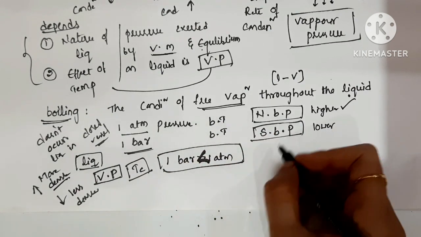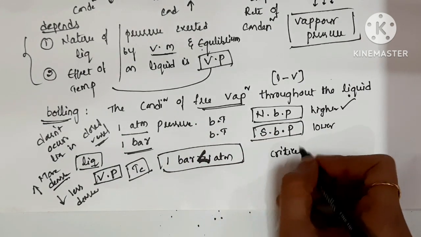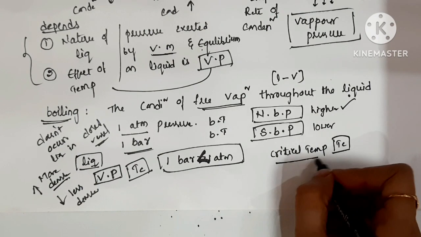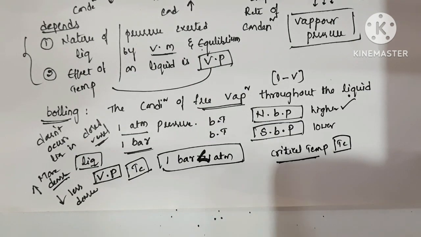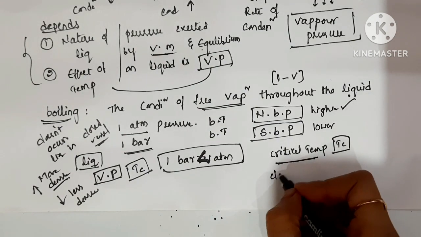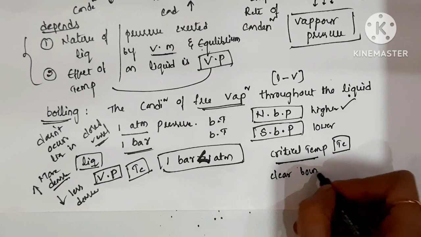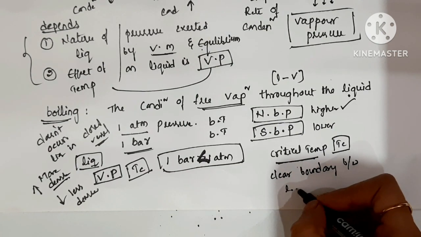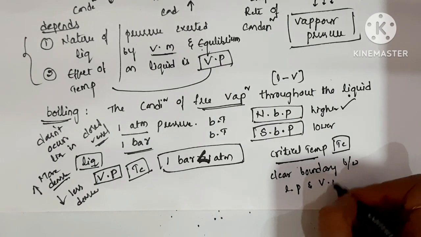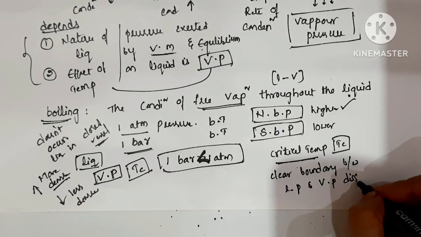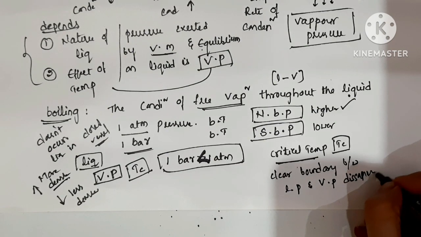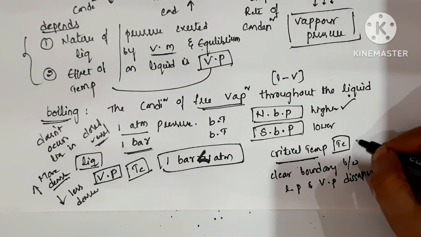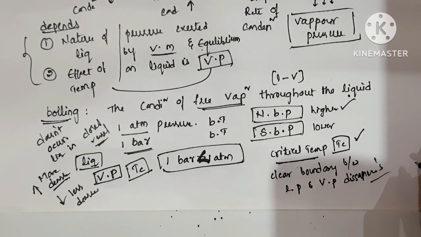This temperature is called the critical temperature, TC, right? Generally the density of liquid is more. In the liquid state density is very high, in the vapor state density is very low, right? But when the density of liquid and vapor becomes the same, the clear boundary between them disappears. This temperature is called the critical temperature, TC, right? At this stage the clear boundary between the liquid phase and vapor phase disappears, right? This temperature is called the critical temperature.